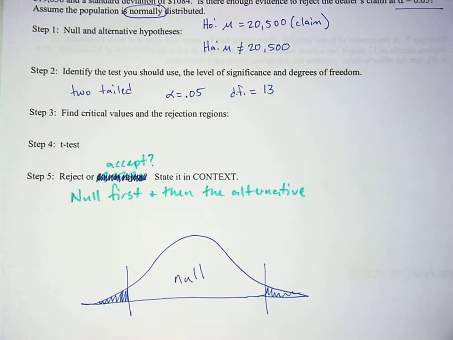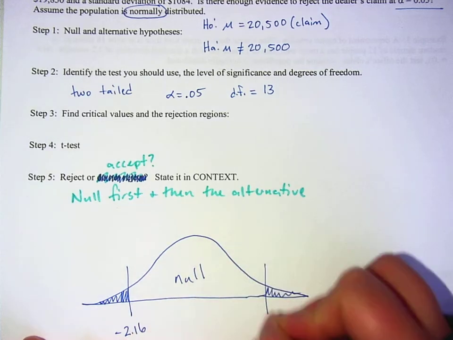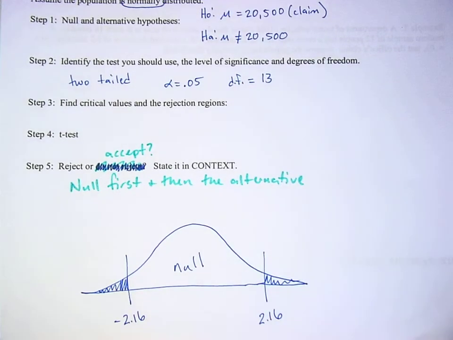And then on the top, you're picking two tails, and we're picking 5%, which is that middle column. Did you guys get 2.16? Okay, so this is negative 2.16, and this is positive 2.16. So that was step 3.